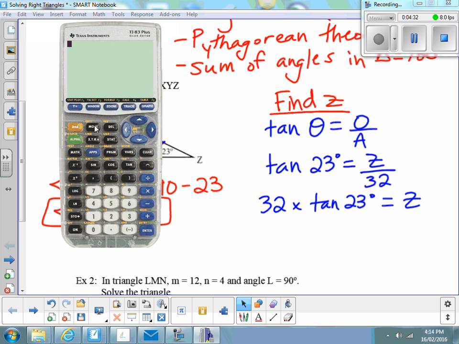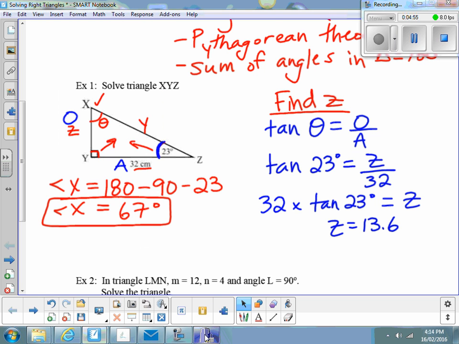I'm going to do 32 times tan 23, enter, and I get 13.6 if I round it to one decimal place. So Z equals 13.6, and that's centimeters because the 32 is in centimeters.